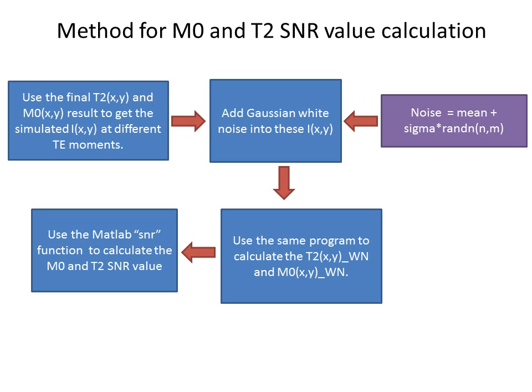The equation of Gaussian white noise is like this. The third step is to use the same program to calculate the T2 map in white noise and M0 map in white noise. And the final step is to use the MATLAB SNR function to calculate the M0 and T2 SNR value.